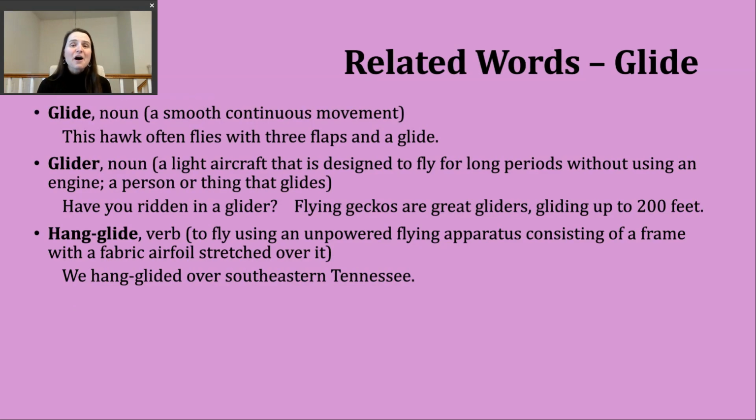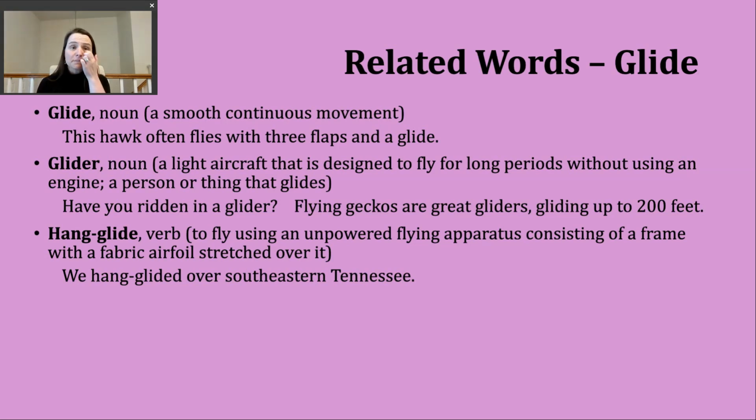Now let's spend a few moments looking at some words related to our verb glide. And the first word we're going to look at is just the noun form of the word. So we have the exact same spelling, the exact same pronunciation. And when the word glide is used as a noun, generally we're referring to some kind of smooth, continuous movement.